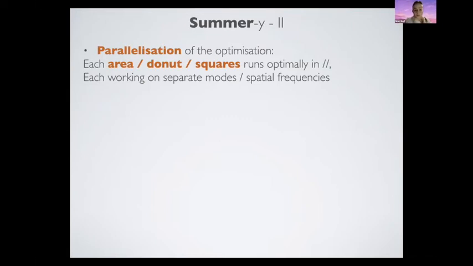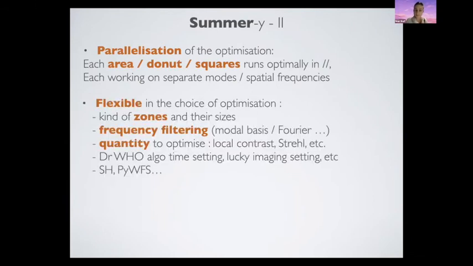You can have each area, either a donut or squares, run optimally in parallel, so you have one Drwho algorithm running for each area, each working on separate modes or spatial frequencies. This algorithm is also pretty flexible in the choice of optimization, either in terms of the kind of zones you want to use and their size.